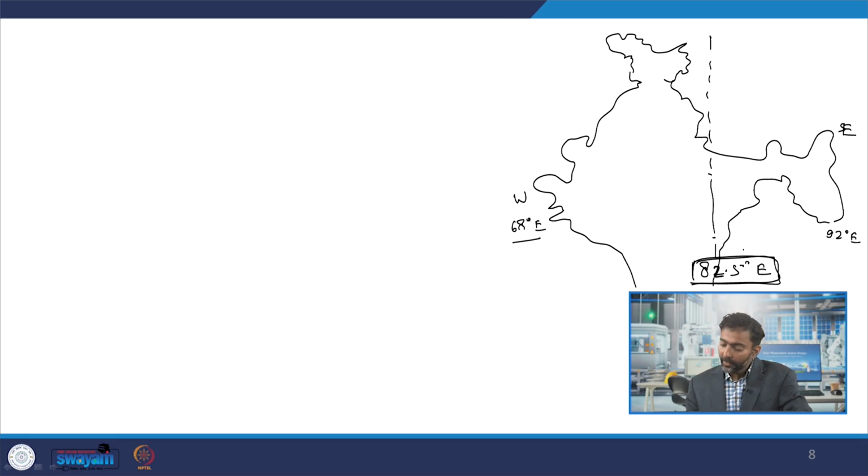But if you are on the east of this meridian, then, because with respect to an observer on earth the sun appears to be moving from east to west, let's call this standard time meridian the LSTM, local standard time meridian.